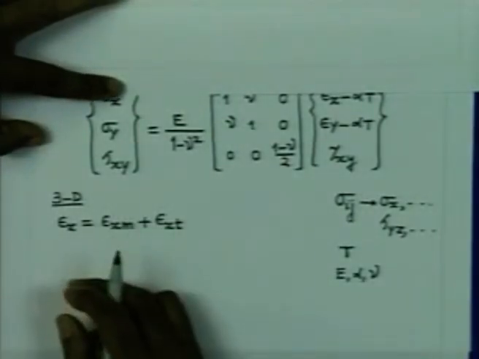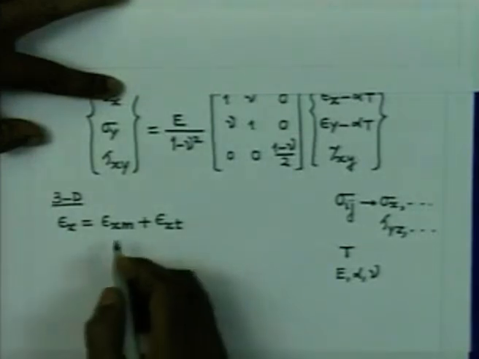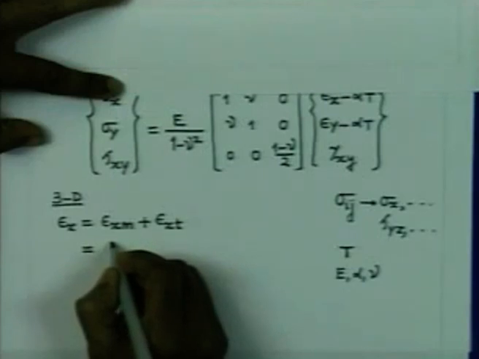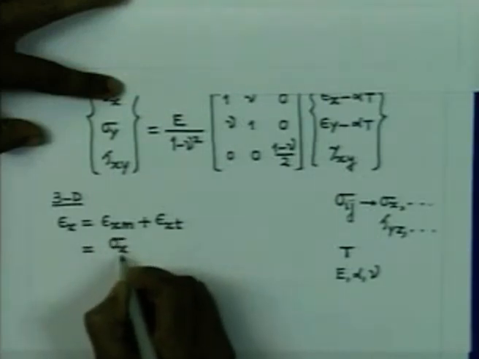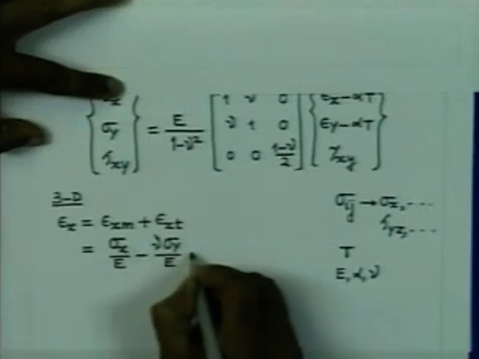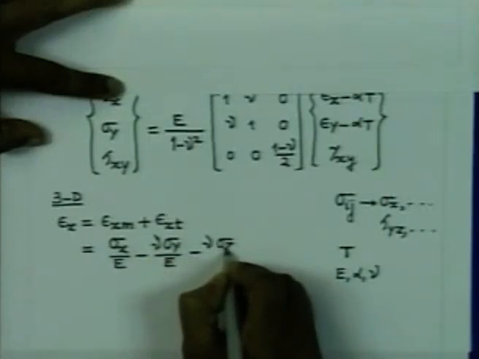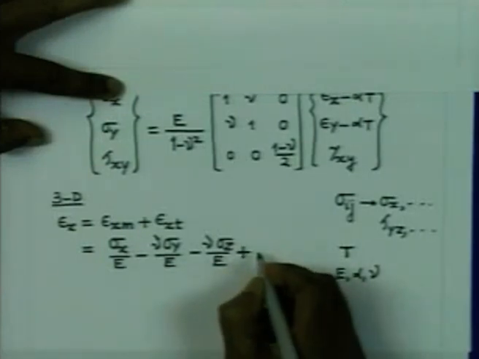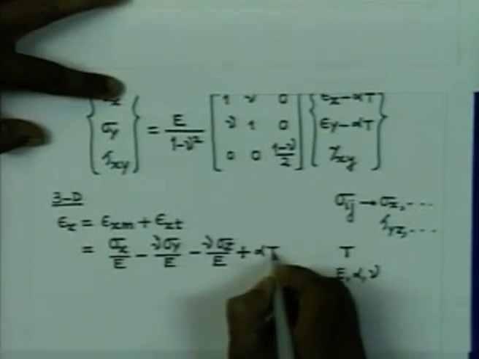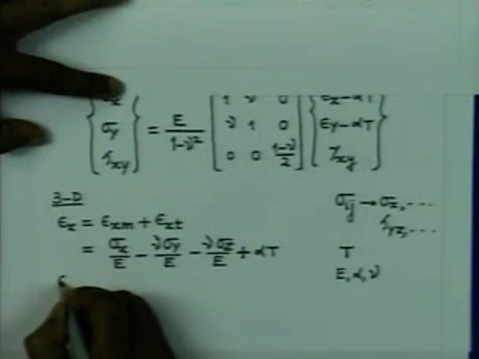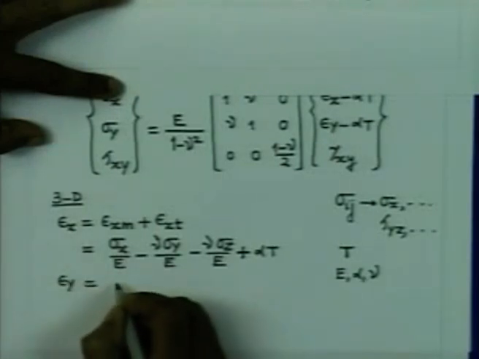Now, if I consider the material to be isotropic, then under the action of the three normal stresses we are going to get strain epsilon x equal to sigma x by E minus nu times sigma y by E minus nu times sigma z by E, and the thermal strain is going to be alpha T. You can write the expression for epsilon y, epsilon z along similar lines.